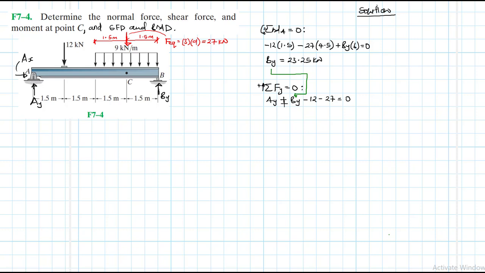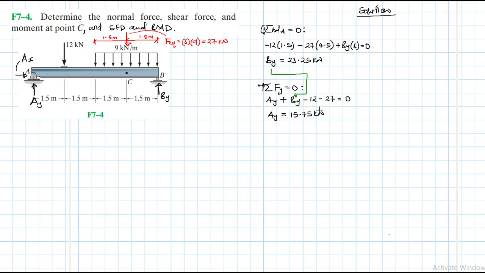And once we replace it, then we'll have the value of Ay, which is going to be equal to 23.25 minus 12 minus 27. So this gives us 15.75 kilonewtons, right?